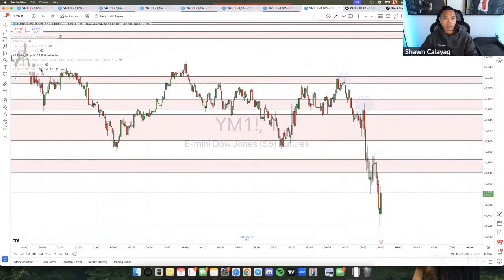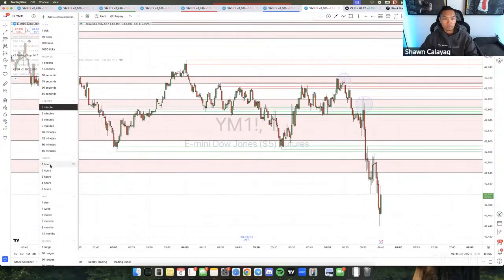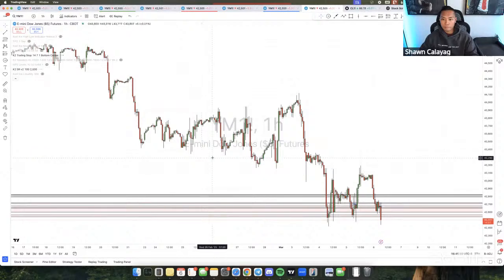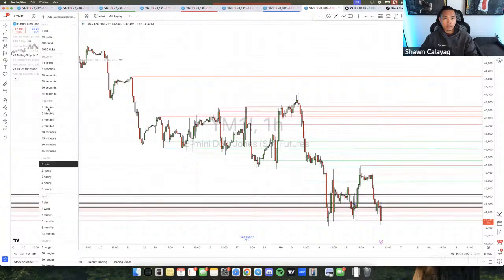Let me see if there's any SRs down here. Not quite on the 1 hour. There's a big zone down there.